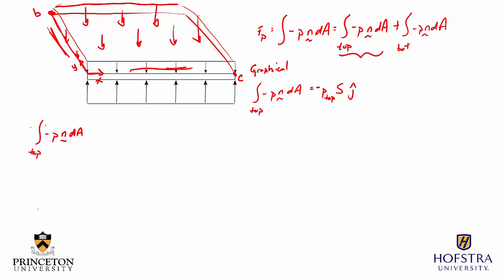So first I have to think about what is dA. dA is just any little surface, so I'll create some little surface, call that dA, and my unit normal n is defined as being perpendicular and out away from that surface. So n is going to be just like that. That's perpendicular to the surface, so it's always going to be pointed vertically up, or in the positive j direction.